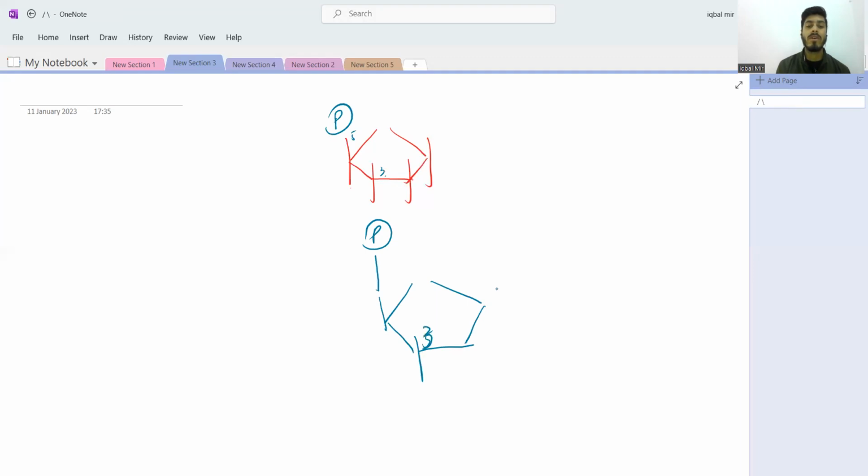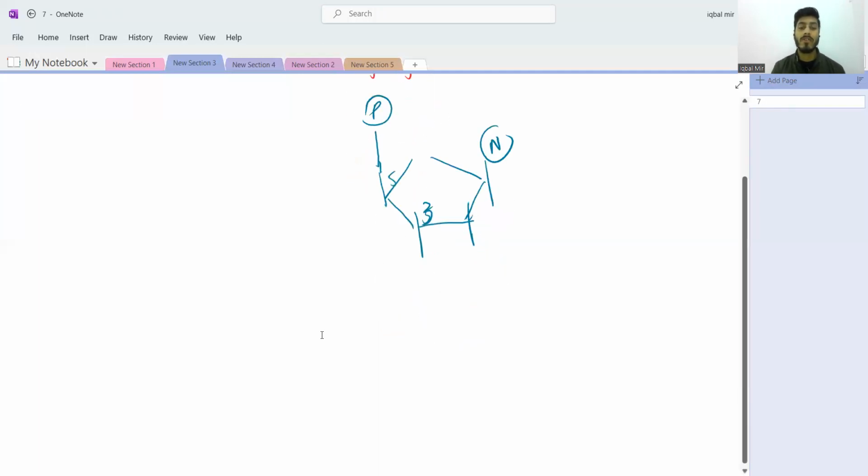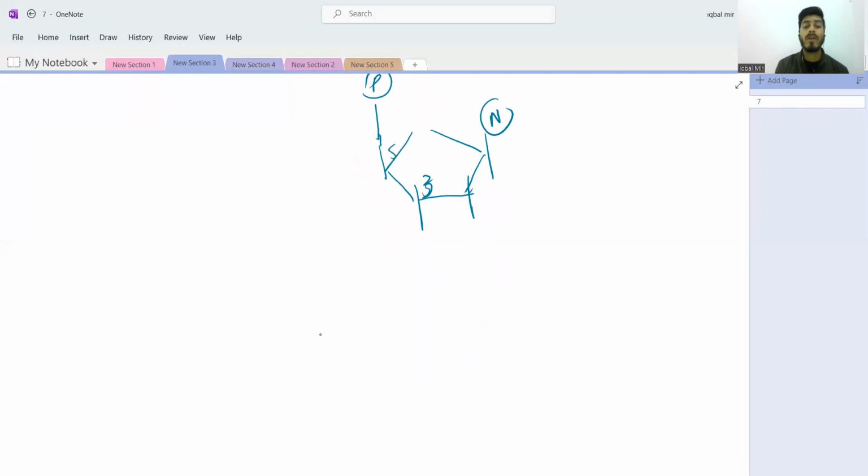Sorry, this is the 3rd, this is the 5th, and this is the phosphate. And here we have the nitrogenous base. So this is the second sugar. A similar thing happens here. We have another phosphate, and this is attached to the next sugar like this.